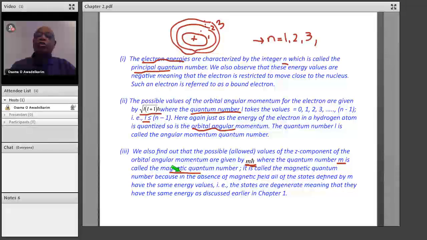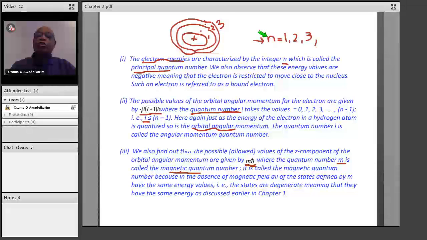And then we also applied it to a more complex problem, which is the hydrogen atom. And we've seen that once we solve for it, the energy of the electron becomes quantized in what we call the electronic shells. And each electronic shell has an energy that is characterized by a quantum number n, which is called the principal quantum number, and it is actually the number for the shell.